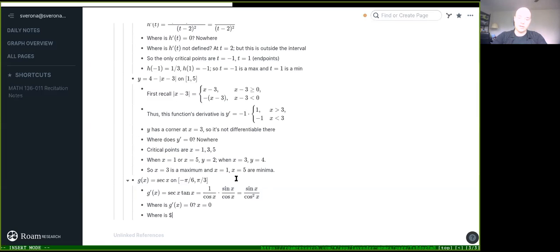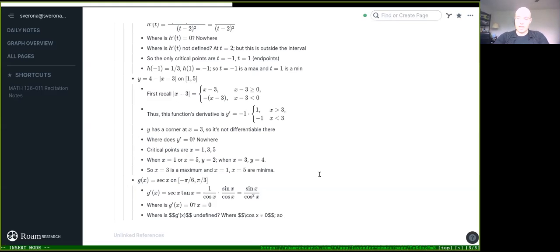And then where is g prime of x undefined? Now I want to say a few words about this because this one has problems where cosine of x equals 0, right? Because that's the only way I'm ever going to get this thing to divide by 0.